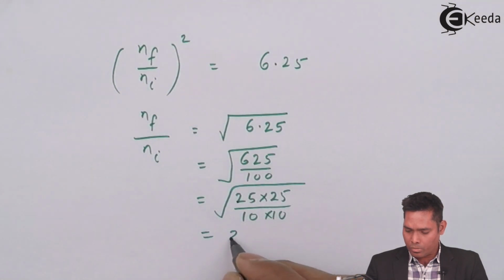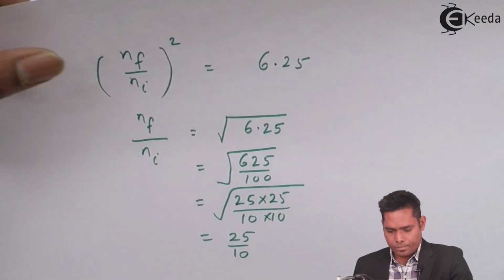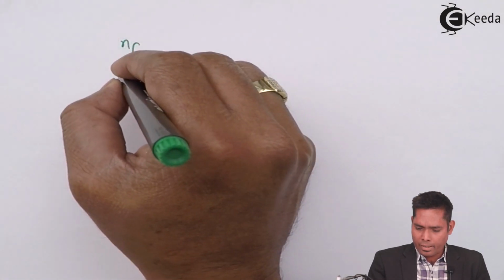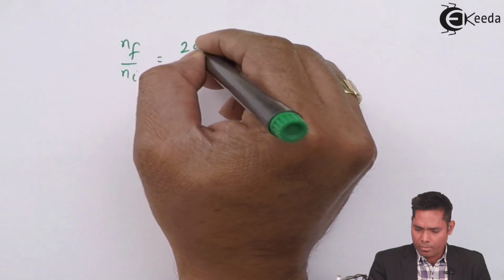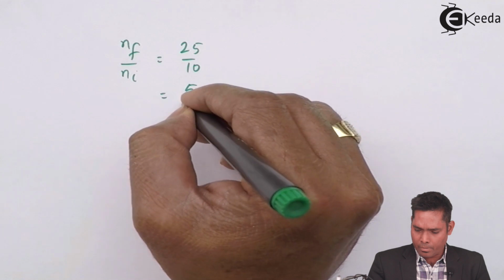This comes out to be 25 divided by 10. So Nf over Ni is 25 divided by 10, which is 5 divided by 2.